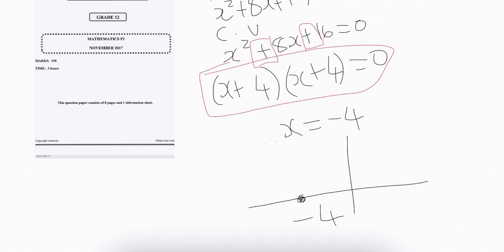That's what we know about the function, and it's facing upwards. The only way this graph can have one x-intercept is if it has a turning point at -4. So this is how our function looks.